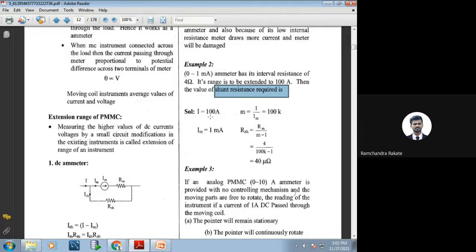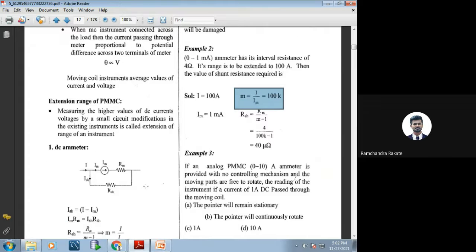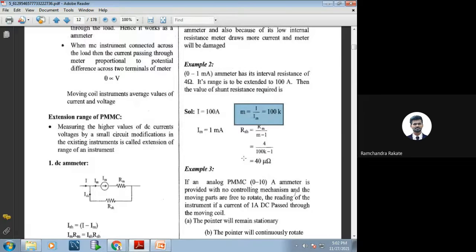They want to extend it up to 100 ampere, so the total current I is 100 ampere. Im is given as 1 milliampere. If we put in these values, we get M, the multiplication factor: M is equal to I upon Im, which is 100 kilo.